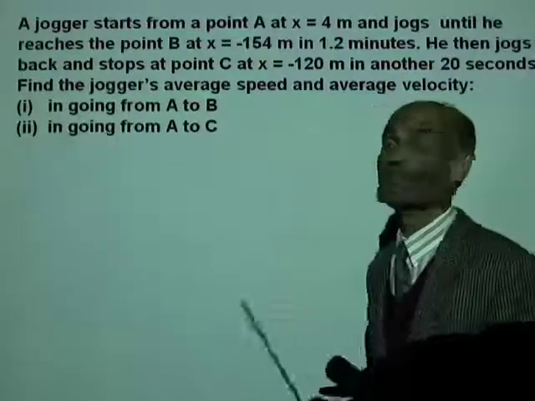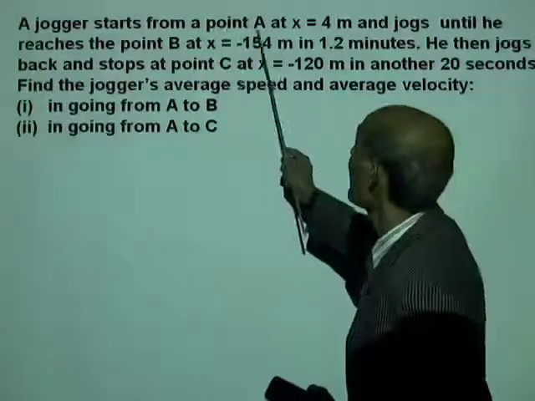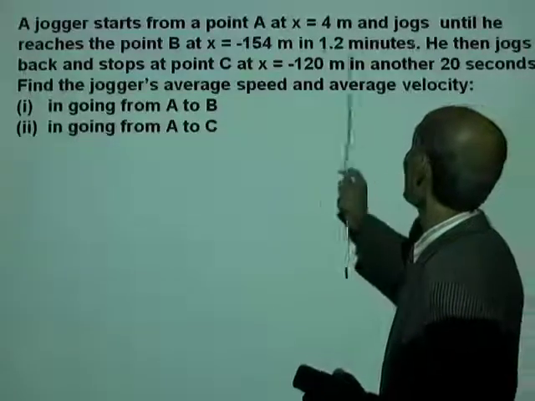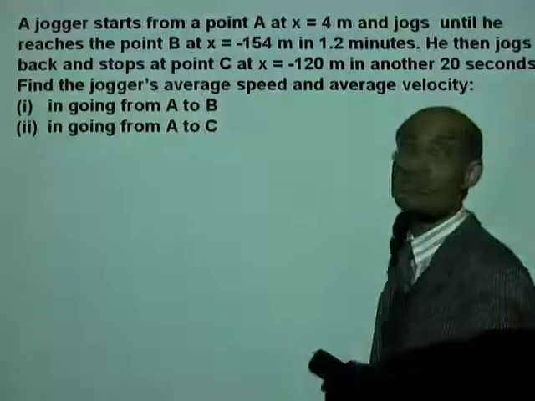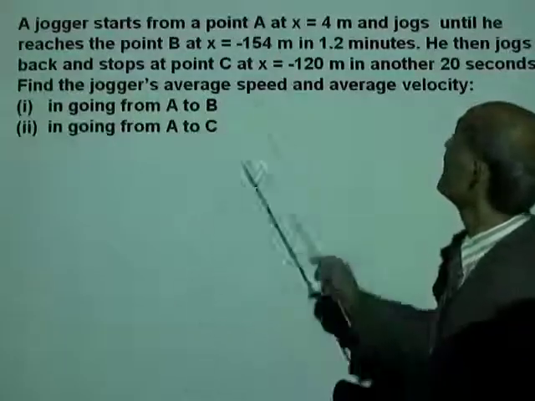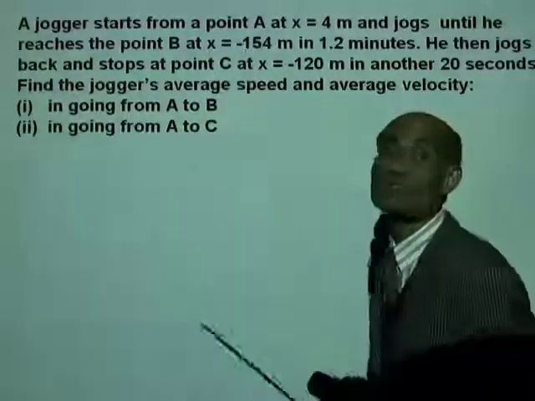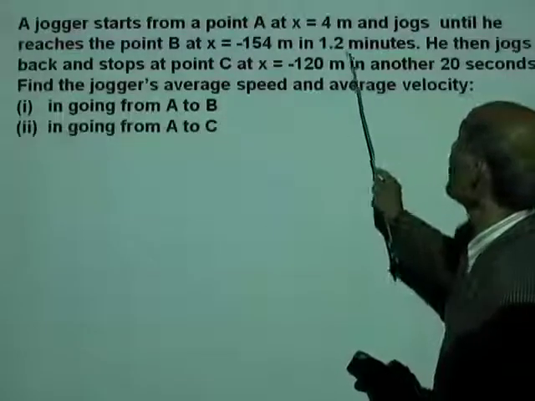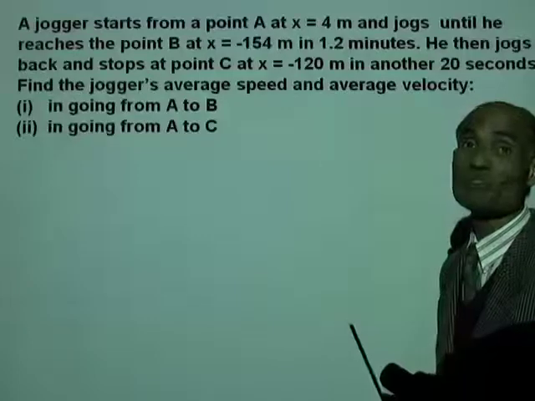A jogger starts from a point A at x equal to 4 meter and jogs until he reaches the point B at x equal to negative 154 meter in 1.2 minutes.